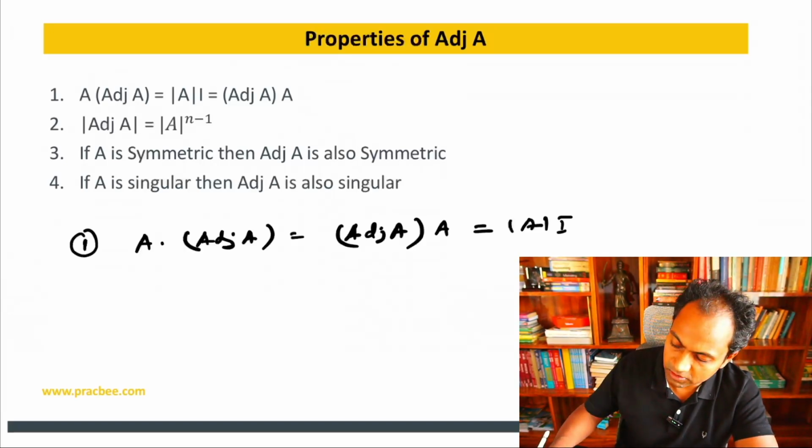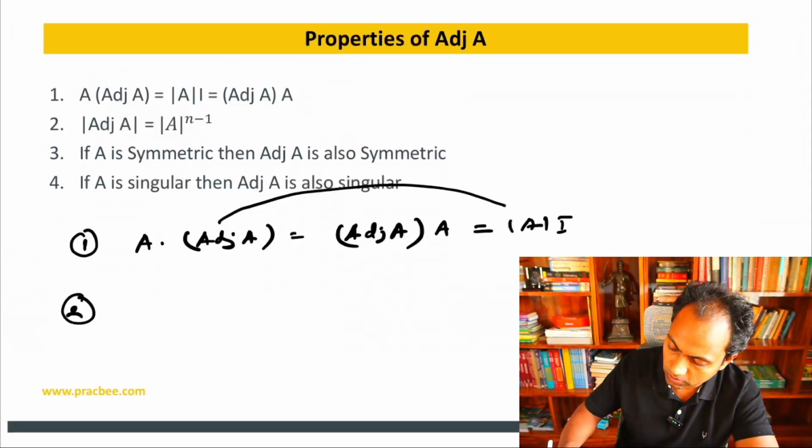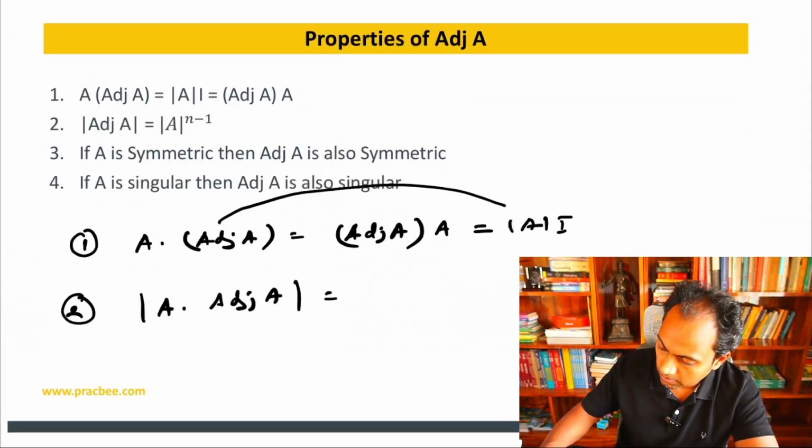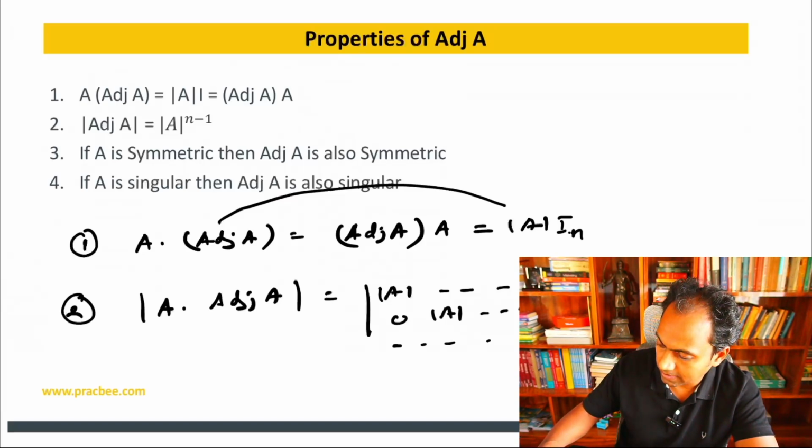Now from this property, if I take the first and the third part, I will be able to obtain a very beautiful result. If I have A and adjoint of A, and if I take determinant on both the sides, you can see that since the order of this I is n, it will look something like this. Then you will have 0 here, determinant here, and like this it will have n rows and columns.